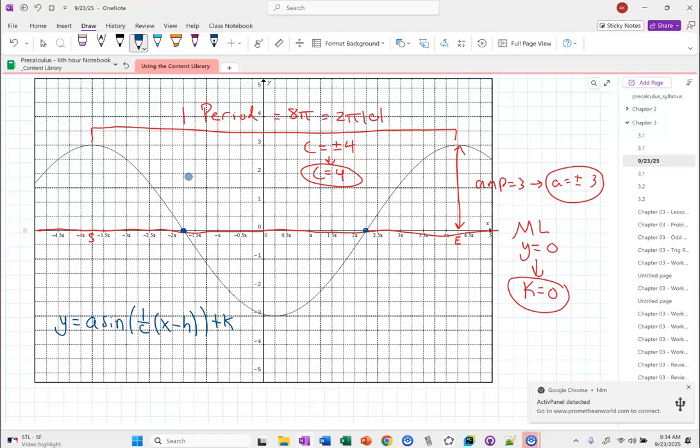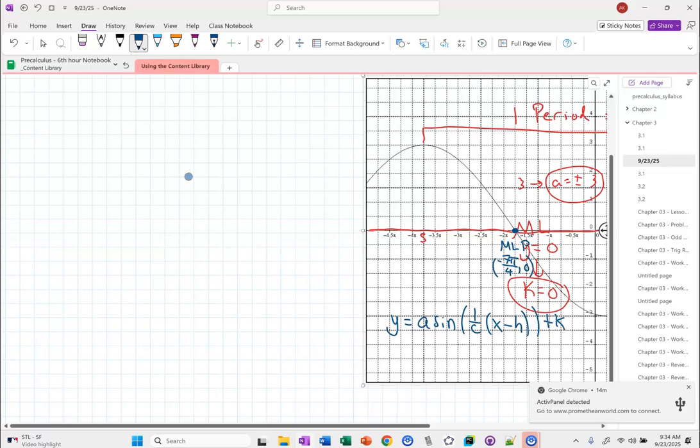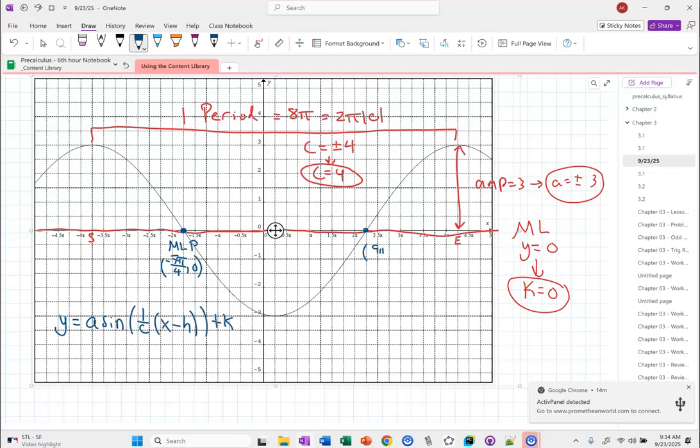So there are two options here. Either one will be fine to use in your answer. This first option has the x-coordinate negative 7 pi over 4. This other one has positive 9 pi over 4.